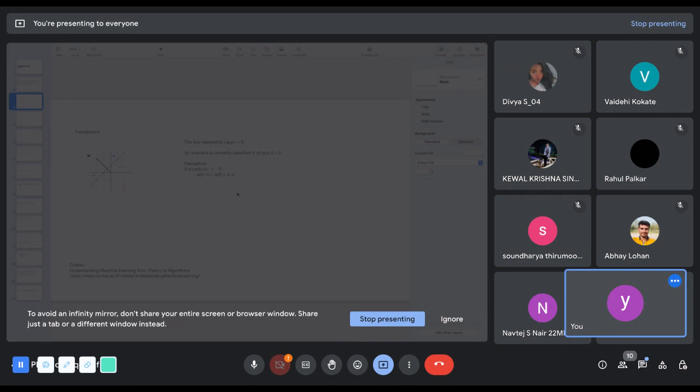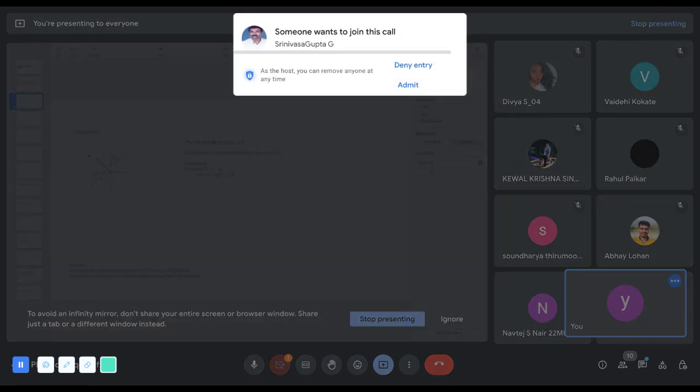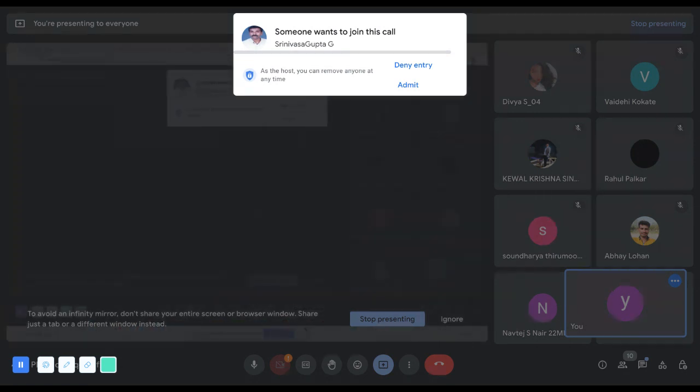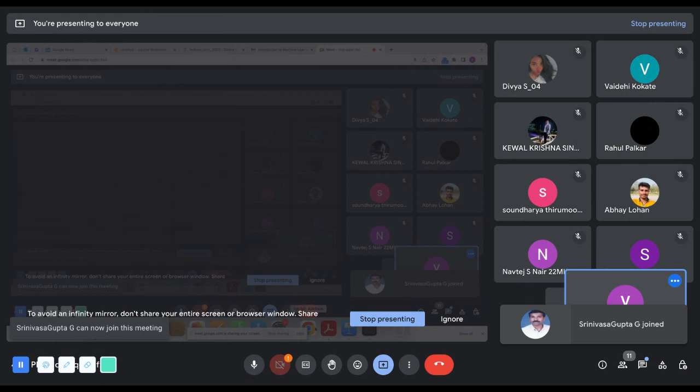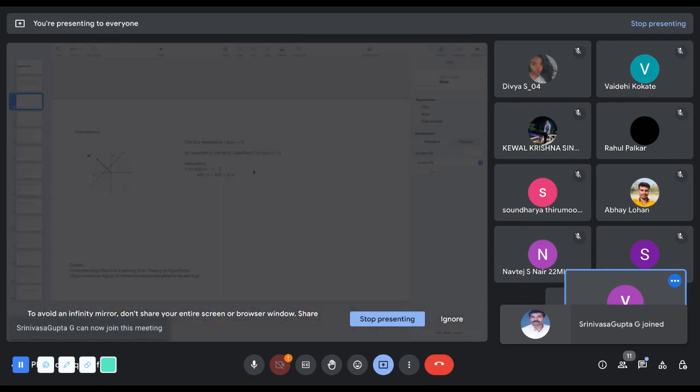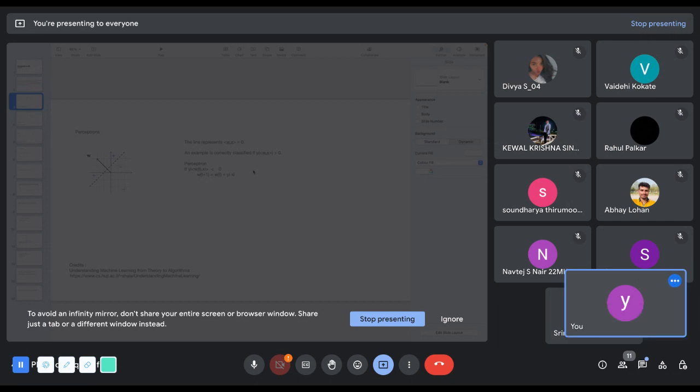Okay, so basically, perceptron is a classifier. Whenever the data is separable, that means you can draw a line to differentiate the data between positive and negative examples, in that case the perceptron algorithm will give you the line that can separate your positive and negative examples.